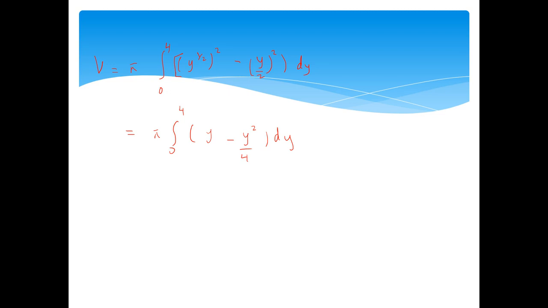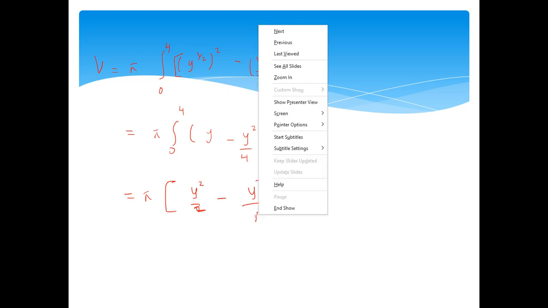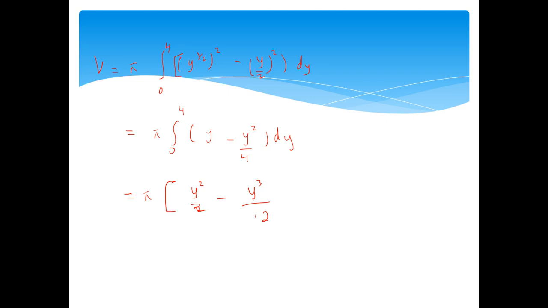And then we're going to have pi. When we take the integral of this, we get y squared over 2 minus y cubed over 12, evaluated from 0 to 4, with pi outside.